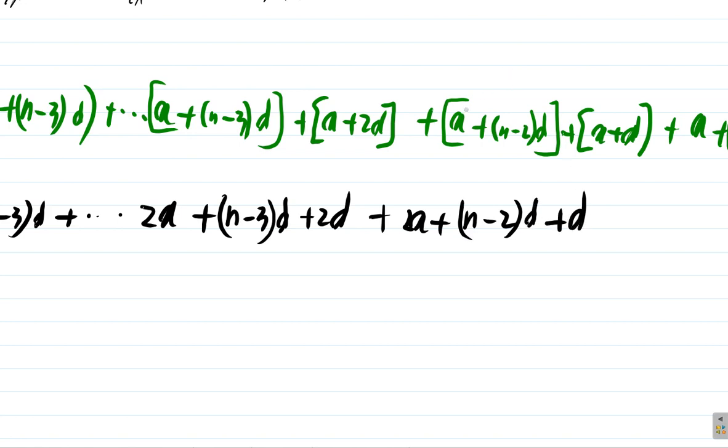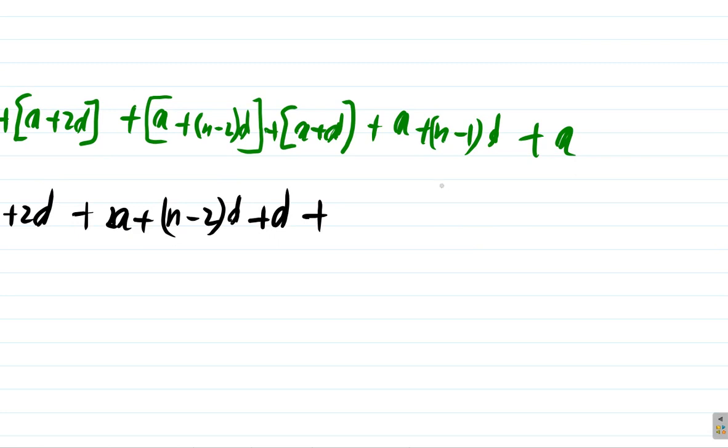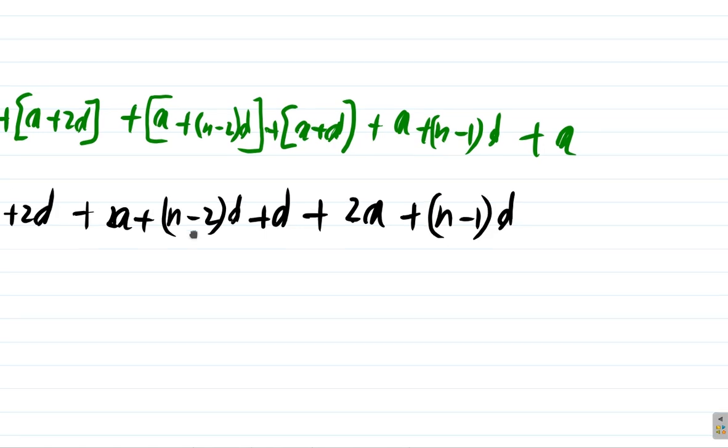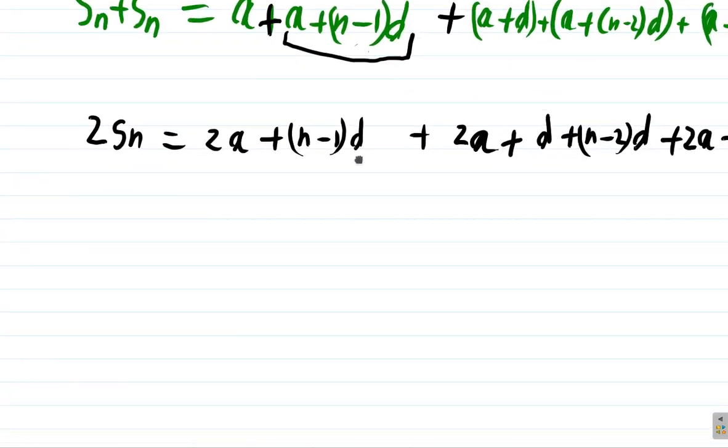You open the bracket, you add a plus a plus n minus 2d plus d. Plus, out here, you have 2a plus n minus 1 d.